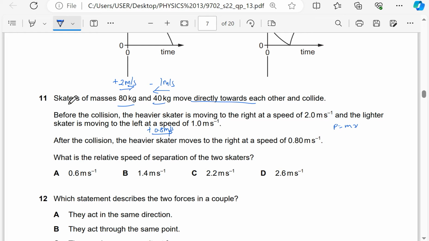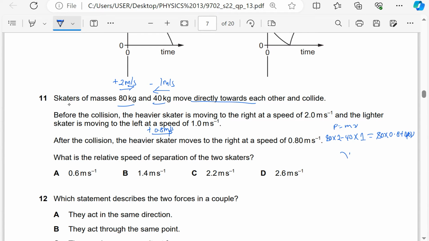So it is 80 times 2 plus negative 40 times 1. I'm saying plus negative because velocity to the left is negative. Momentum is a vector quantity. This should equal, after collision, 80 times the velocity to the right, which is 0.8, plus 40 times v, since we don't know the other one's velocity.